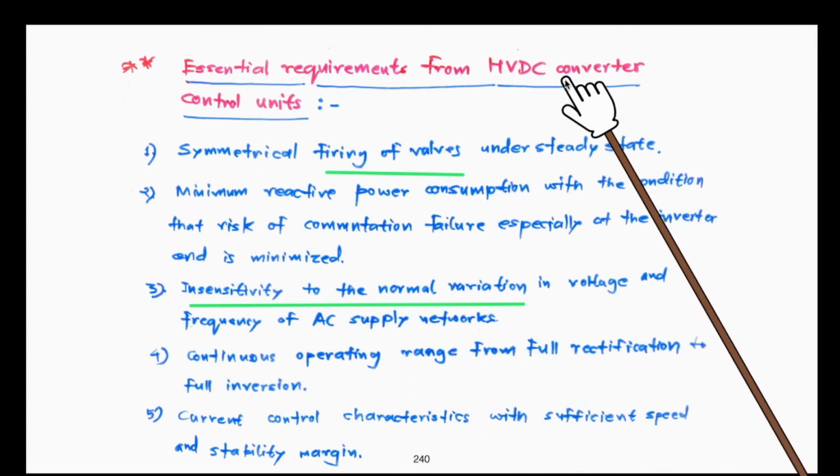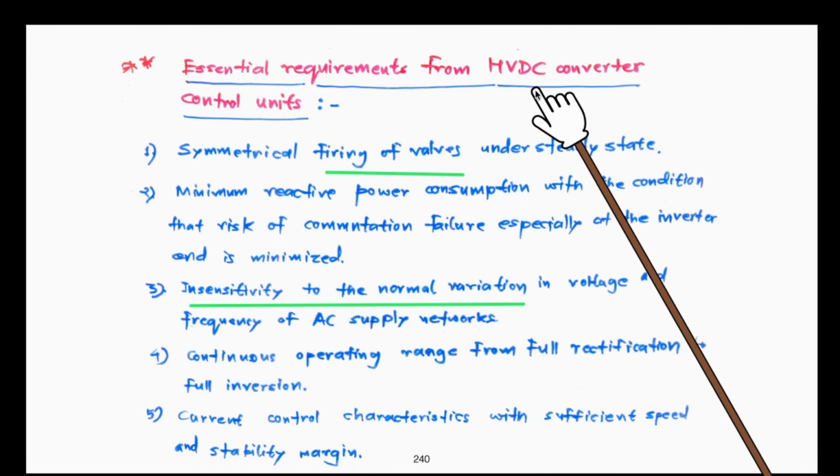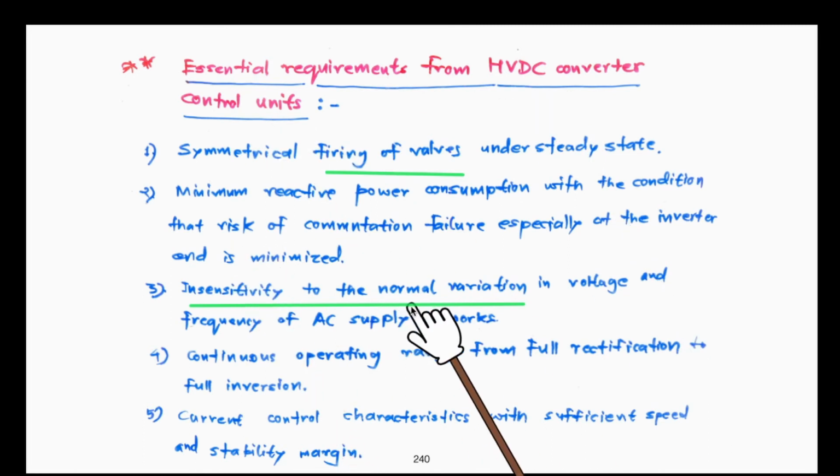The HVDC converter control, which is very sensitive and can act very rapidly, should not operate for normal variations, right?